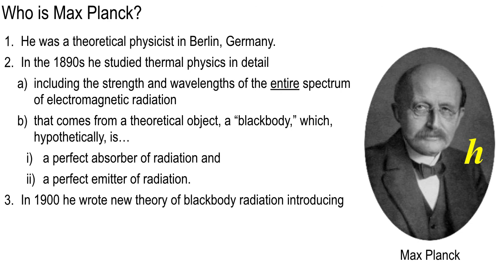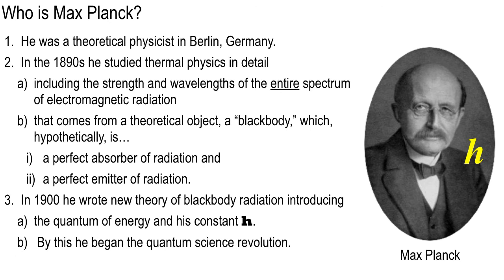Until Max Planck. In 1900, he wrote a theory of black body radiation and introduced the quantum of energy and his quantum constant, which is symbolized h, lowercase h. That is called Planck's constant.